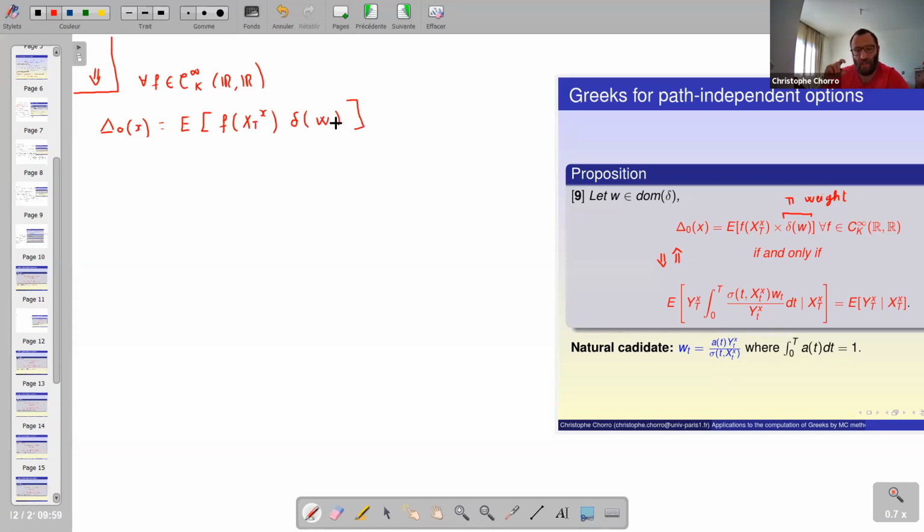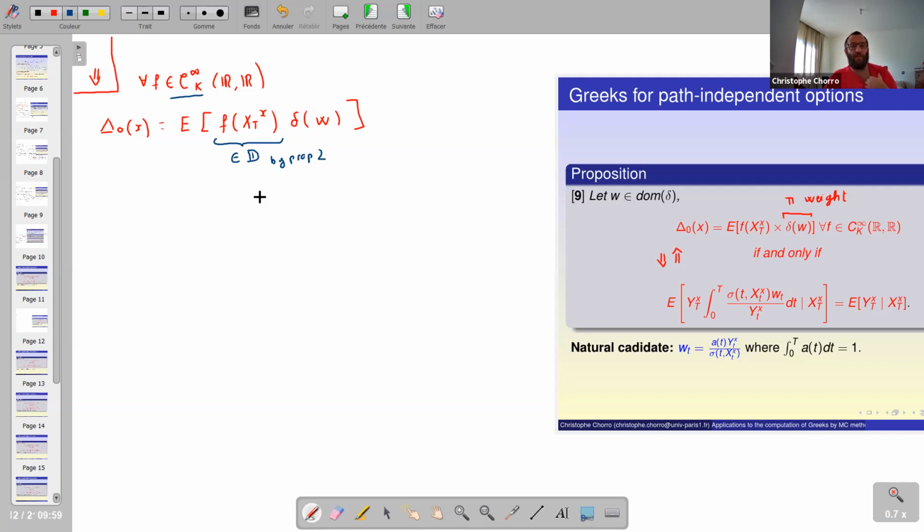Since f is very regular, from the regularity of f, I have this one that is in the domain of the derivative operator, and so f is of class C1 and Lipschitz, so I have someone here that belongs to D by proposition 2.